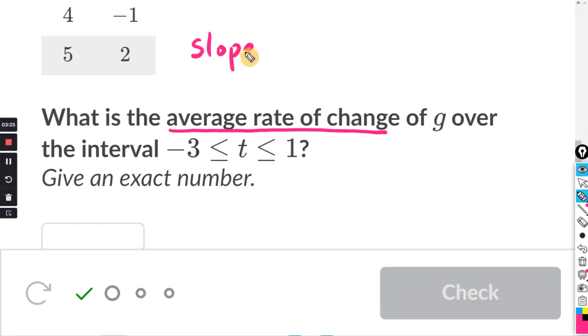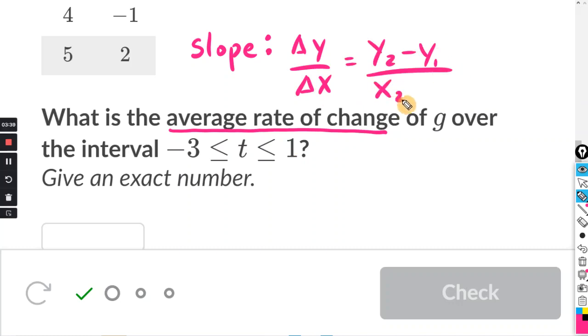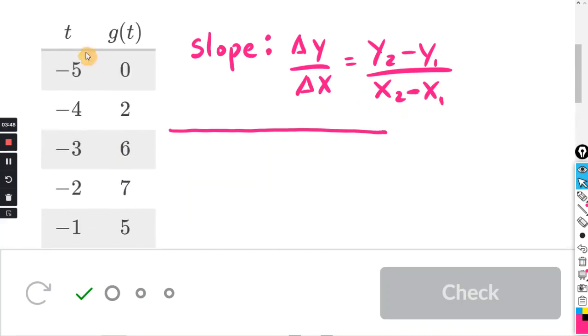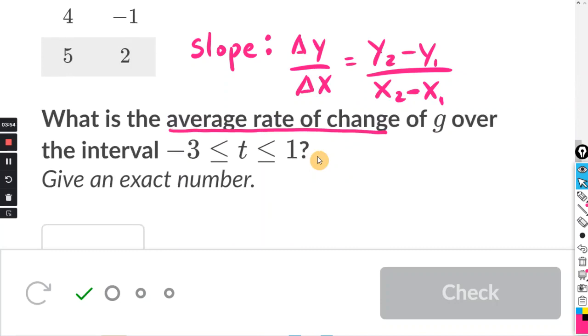And we know the formula for slope is change in Y over change in X. So that's just Y2 minus Y1 over X2 minus X1. We said on the table that the X values are represented by the variable T, but those are still the X values.